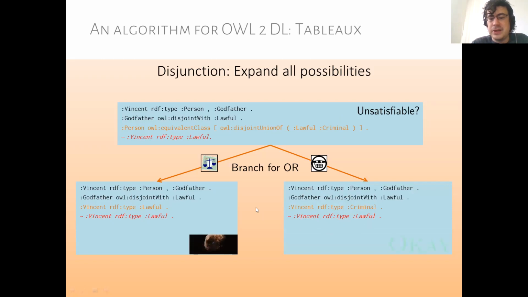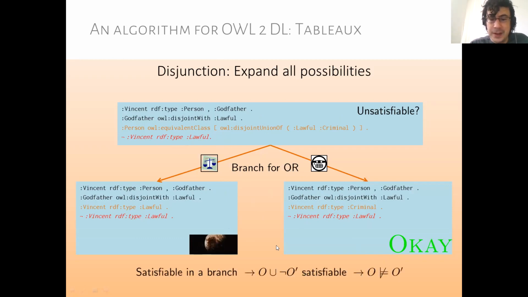So it means that essentially this branch is okay. Yeah. So because not all of the branches are inconsistent, it means that the original ontology, this thing here that we've created, O and not O prime, is possible, right? It's satisfiable. So it means that the entailment does not hold. So again, here we need every branch to be inconsistent.